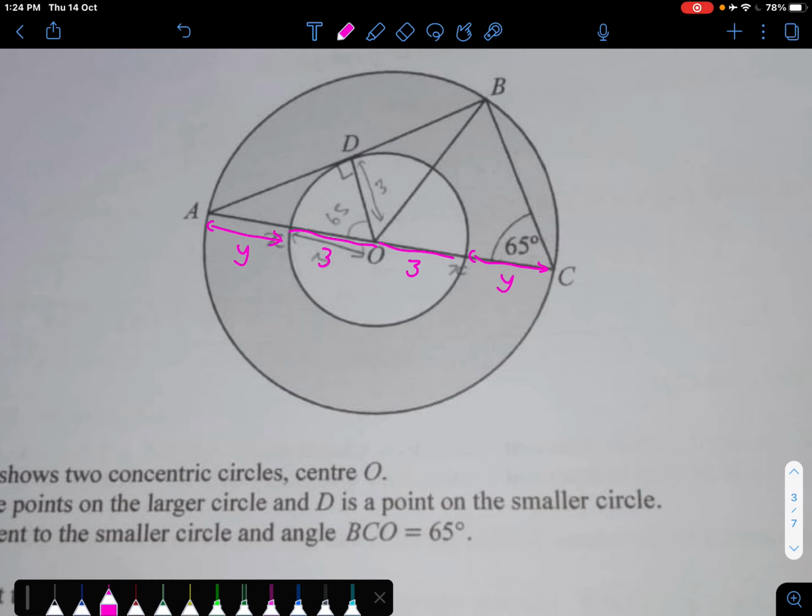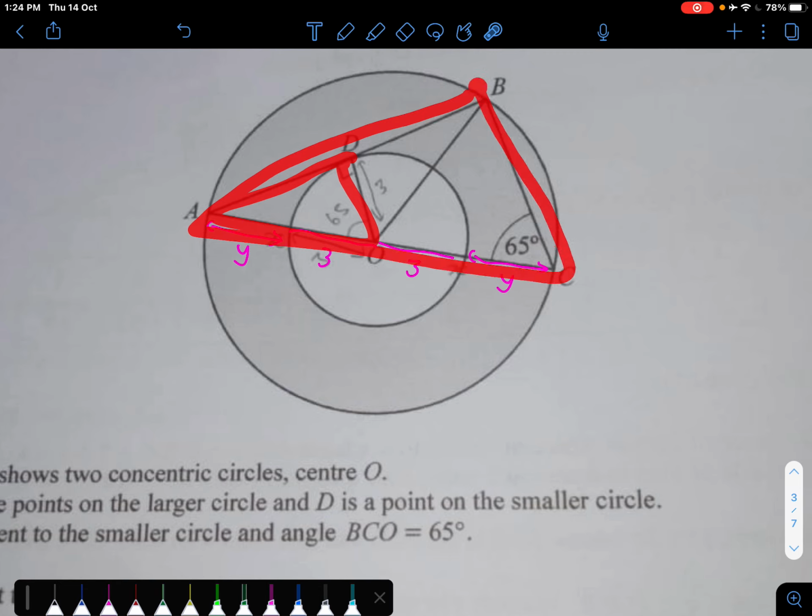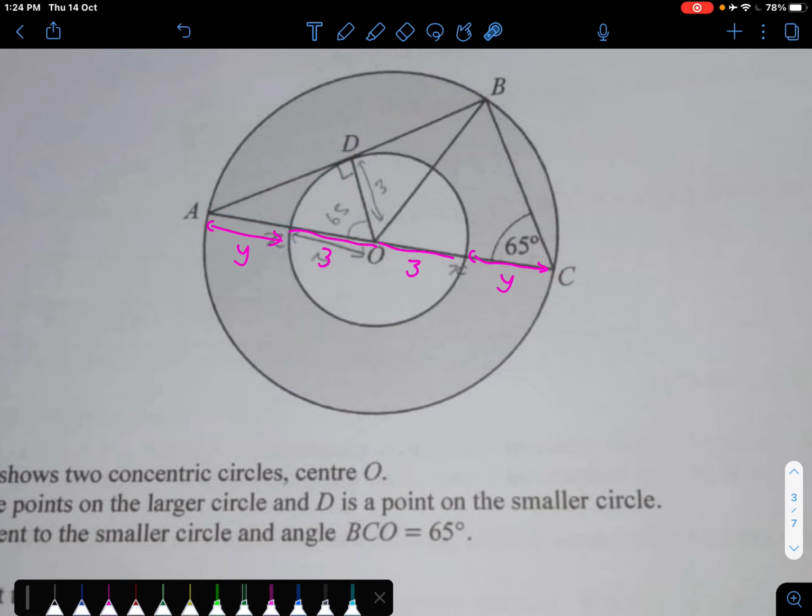Okay, good. So what can we tell about this triangle with this triangle? They're similar, right? Okay, good. So what do we know about the area of similar triangles? Let me write it down below.